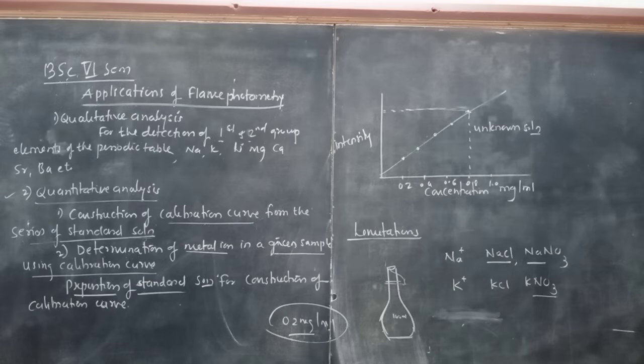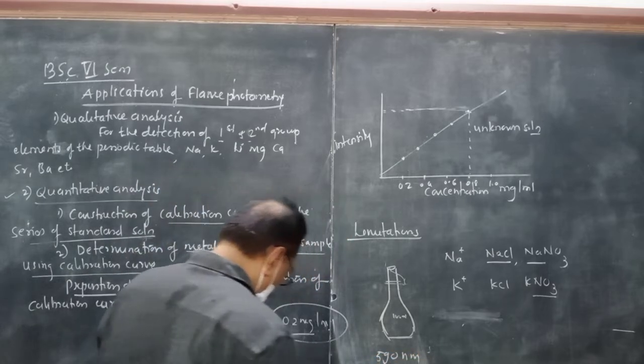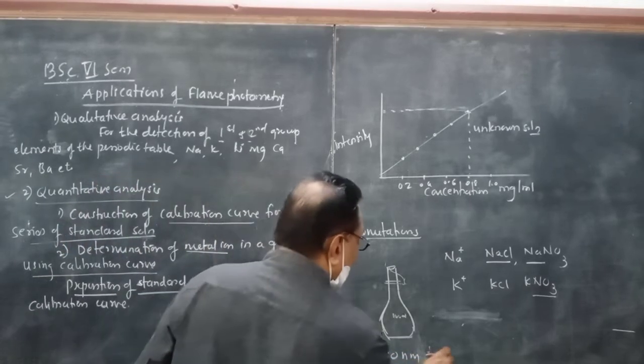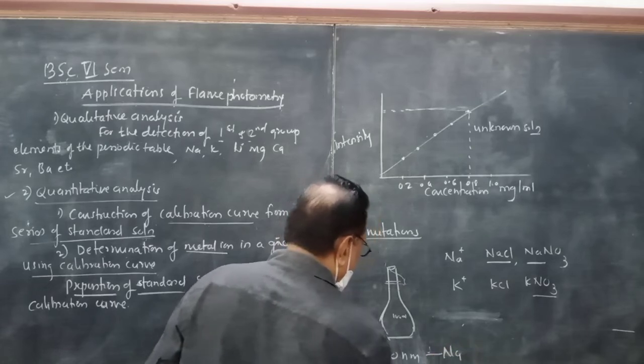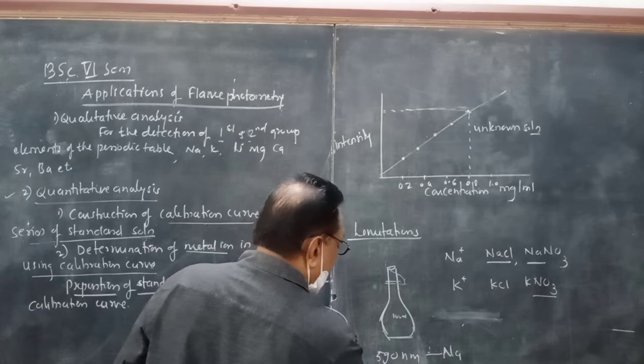Here the intensity of the emitted radiation is measured at 590 nanometer for sodium, and for potassium it is 768 nanometer.